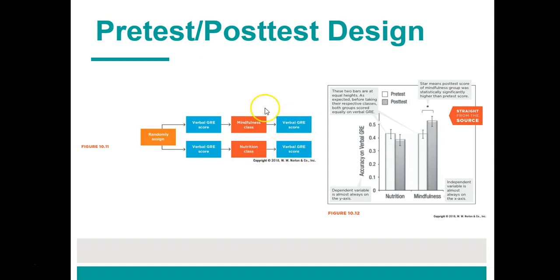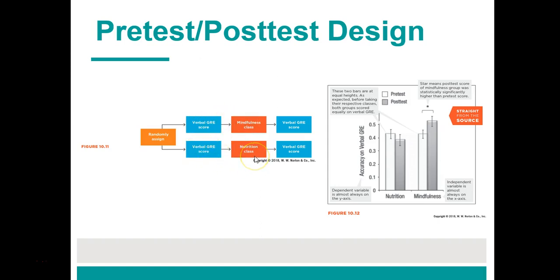So now we could compare within a group the people who took the mindfulness class before and after, and then the people who took the nutrition class before and after. This is a pre-test, post-test design. And so that gives you the ability to look at, instead of just assuming the groups were equal, let's say before on verbal IQ, you actually can look and see, oh yes, look, they both got about a similar score on verbal GRE score.